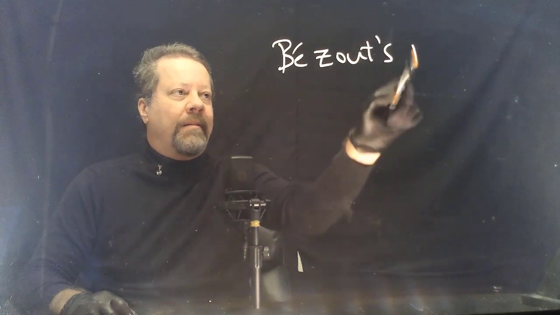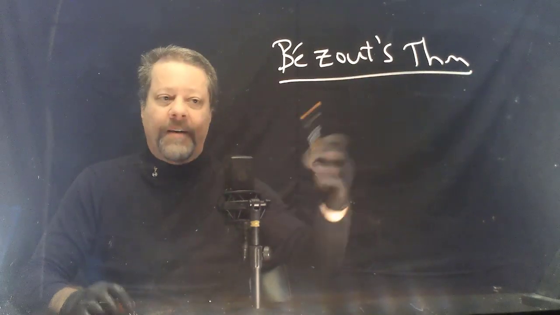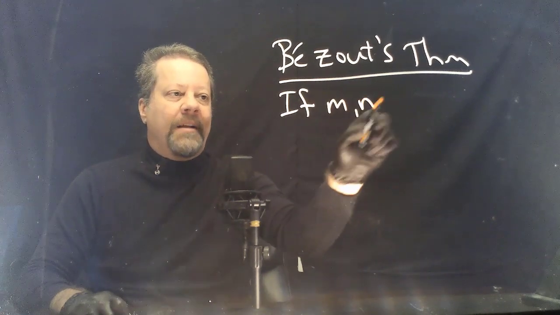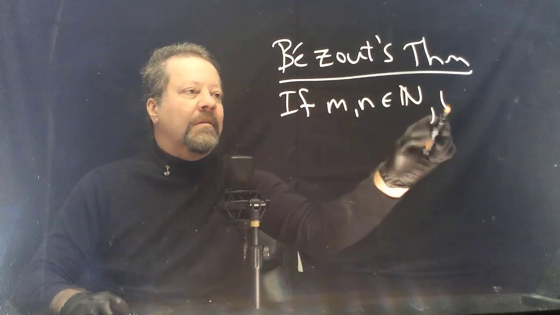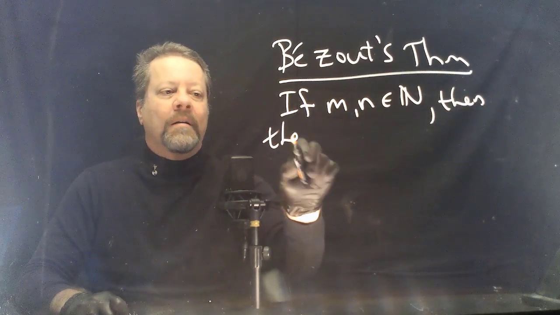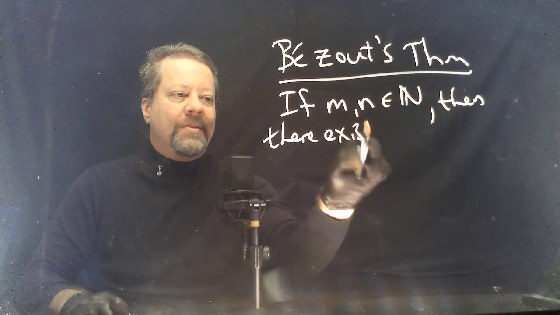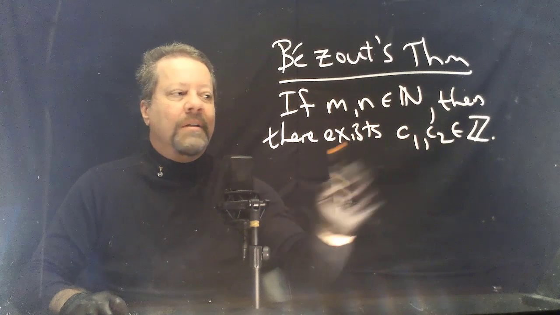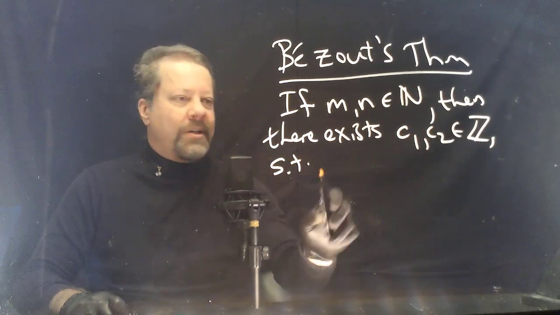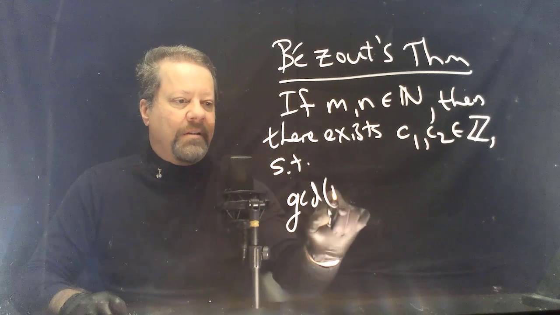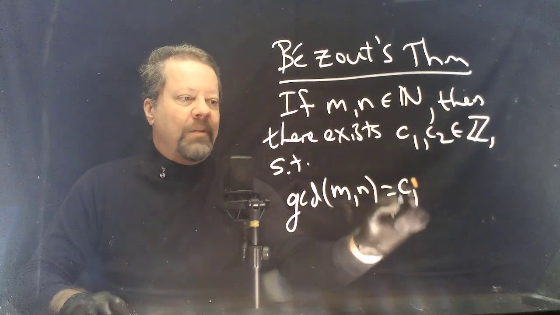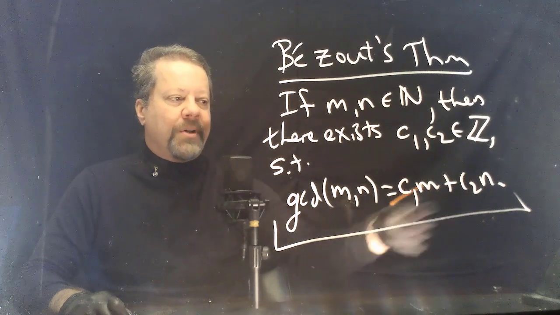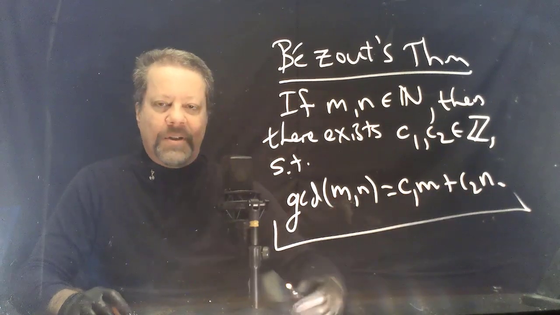Bézout's theorem codifies this. If m and n are elements of the set of natural numbers, then there exist c1 and c2 in the set of integers such that the greatest common divisor of m and n is c1m plus c2n, so that the greatest common divisor is always a linear combination of the numbers going into it.